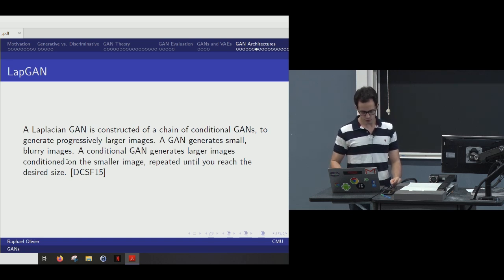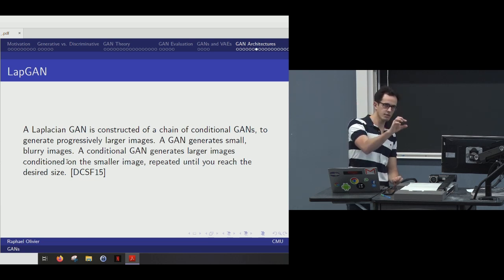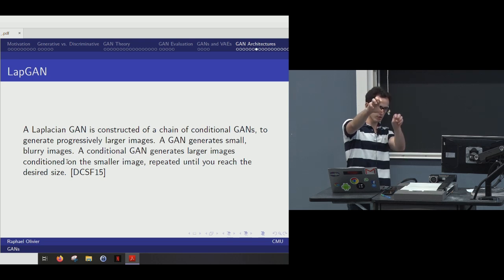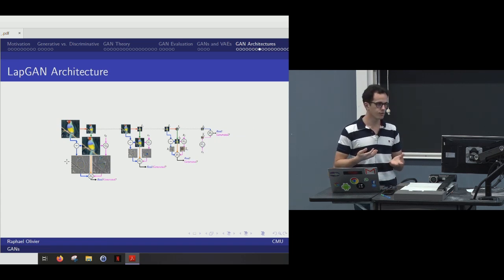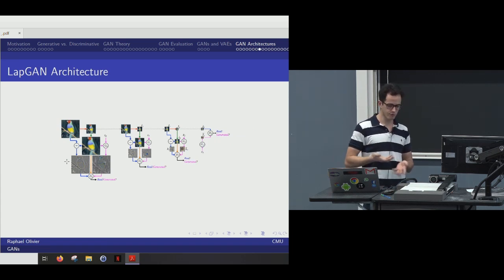Strictly speaking, the intermediate GANs don't generate the image itself. They generate the difference between the big image and the small image that you just extended straightforwardly. So that's what the Laplacian part of the process covers.